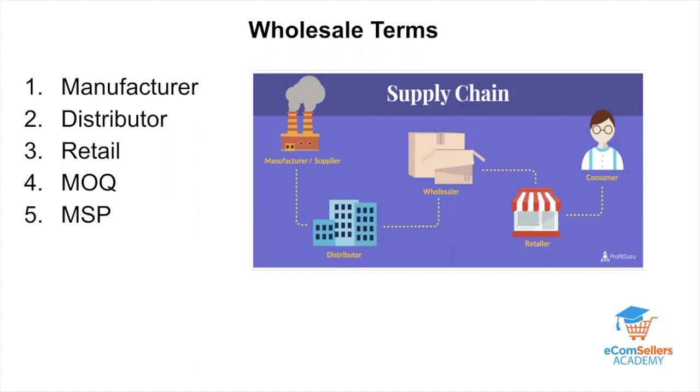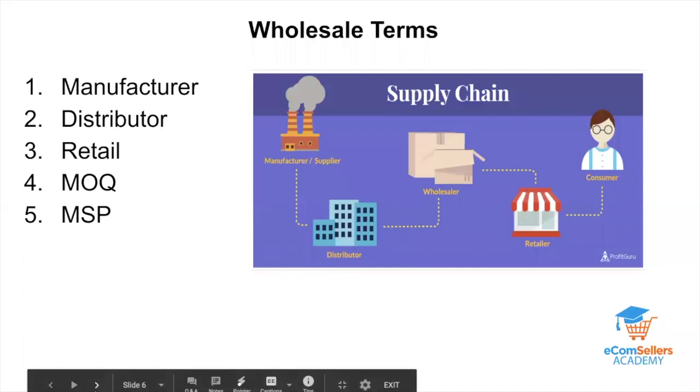Of course, you have retail, and you have MOQ, that's the minimum order quantity. And you may come across an acronym MSB, that's the minimum selling price. So those are just a few terms that you will hear when you're working on wholesale.